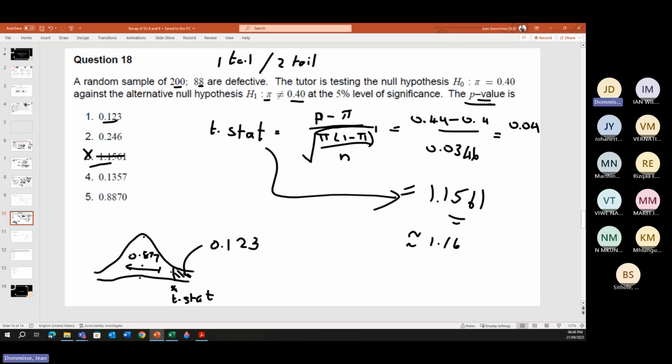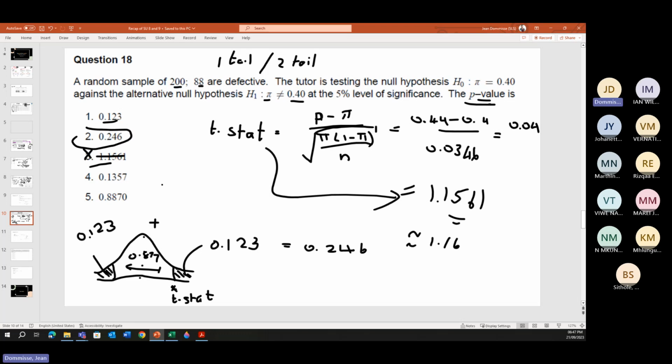what we've done here is we only calculated it for the one component. So in actual fact, there's also a component just as big as that. So we need to add the two together, which will give us the 0,246, which then actually gives us option 2.